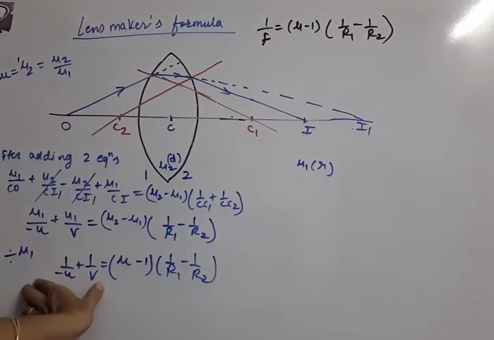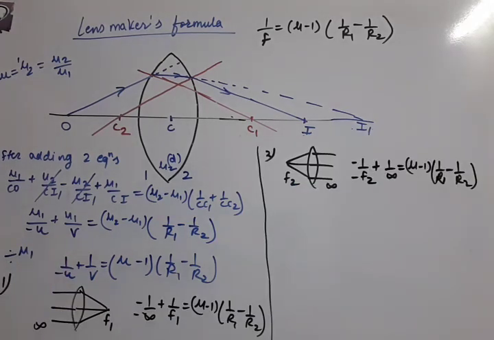Now for the left side of the equation, we have to use the image formation of the first principal focus and second principal focus for replacing this term by focal length. That is the correct procedure. The first principal focus is defined as follows: whenever the rays are coming parallel to the principal axis, that means from infinity, wherever they meet after refraction, that point is called the first principal focus.